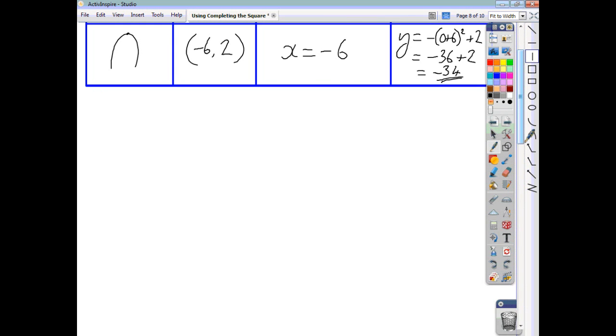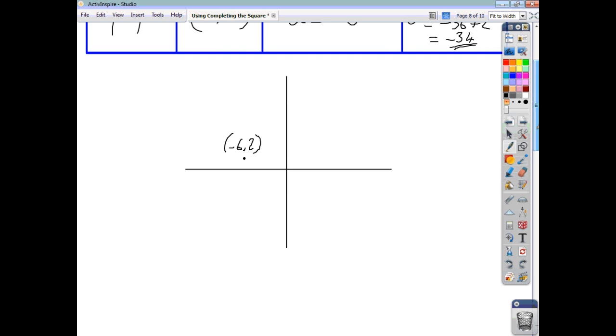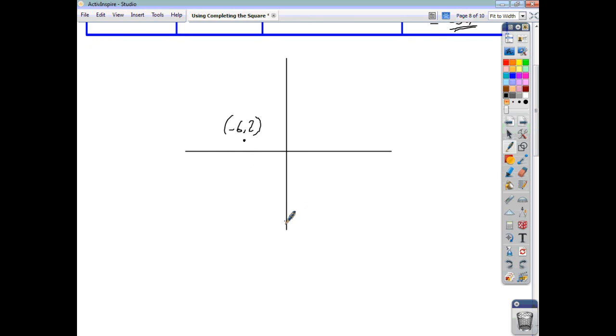So let's draw our set of axes, and let's see how we get on. Now, (negative 6, 2) is going to be, let's say, there. Okay. Now, our y-intercept is (0, negative 34). So I'm just going to mark that on and say that that's where that is.